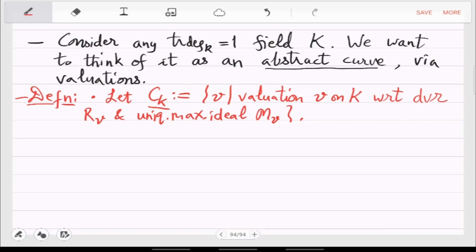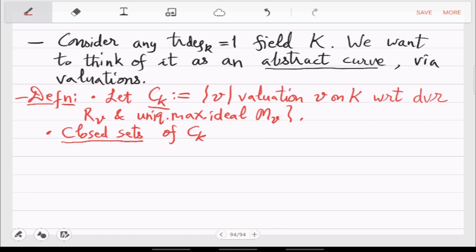So think of the points on the curve as these valuations, all of them. So what should be closed points, closed sets? We have the potential points. Once you have points, you have to consider closed sets and open sets to give a topological structure to this, make it geometric.